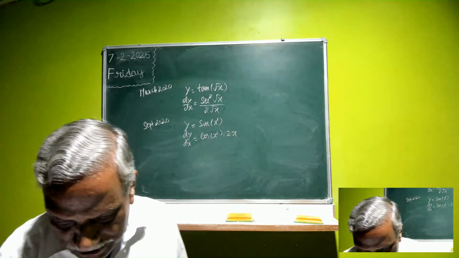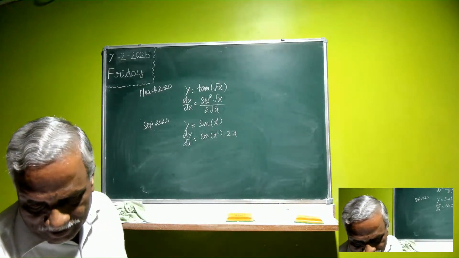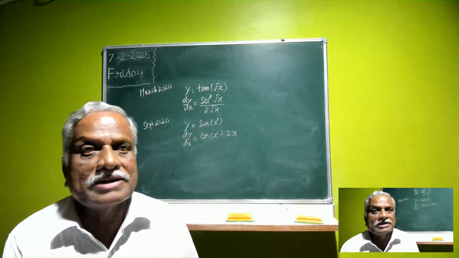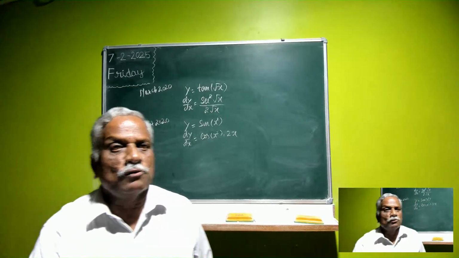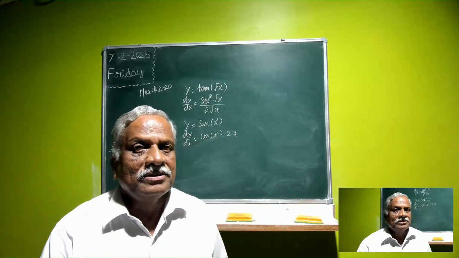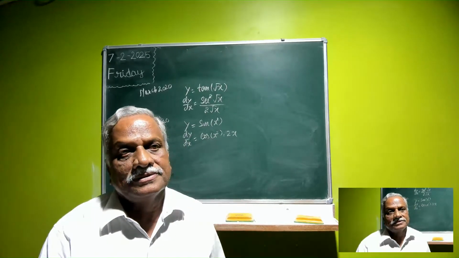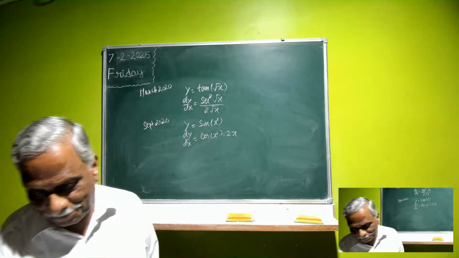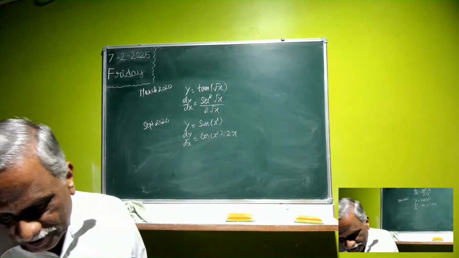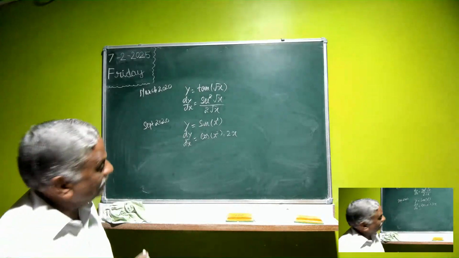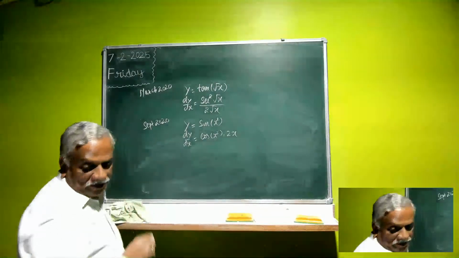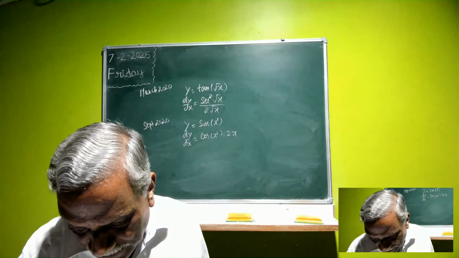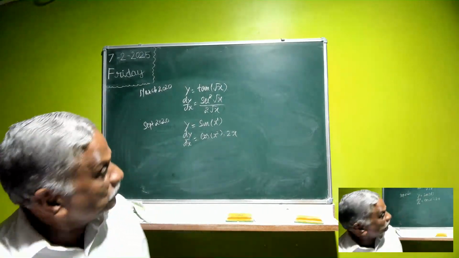Then we move on to March 2021. There was no exam. Do all of you remember? It was the Corona period, so there was no exam. Now we move on to the next one, September 2021.